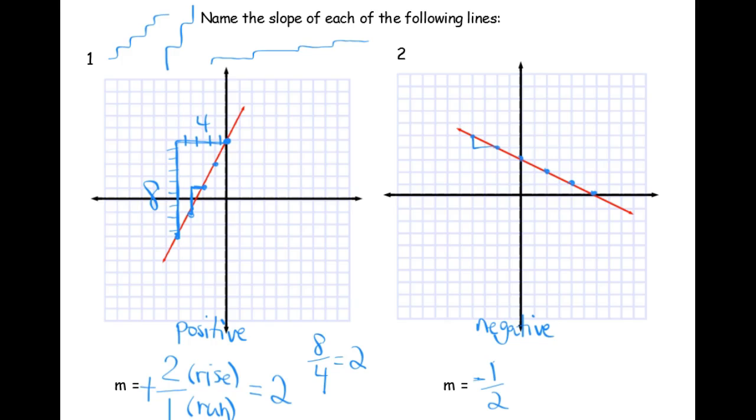So it looks like my slope is negative 1/2. Well, okay, again, what if I didn't pick those points? What if I picked this one and this one? I would say down 1, 2, 3, and right 1, 2, 3, 4, 5, 6. And again, that simplifies to negative 1/2. So, like I said, it does not matter which 2 points you take.